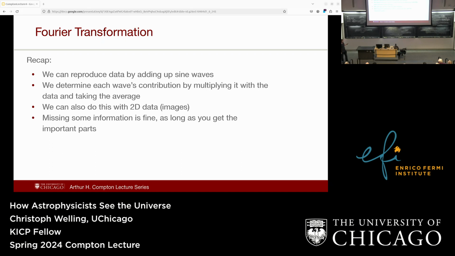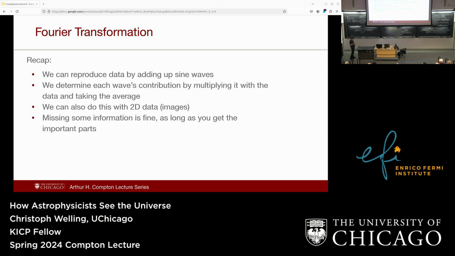The way we determine which of these sine waves we need is we multiply the original data by the sine wave, and then we take the average of that. And I can also do this with 2D images. I can do my JPEG thing. And for practical purposes, a lot of the time it's fine if you lose some information, as long as you make sure that the part of the information that you actually need is in there.